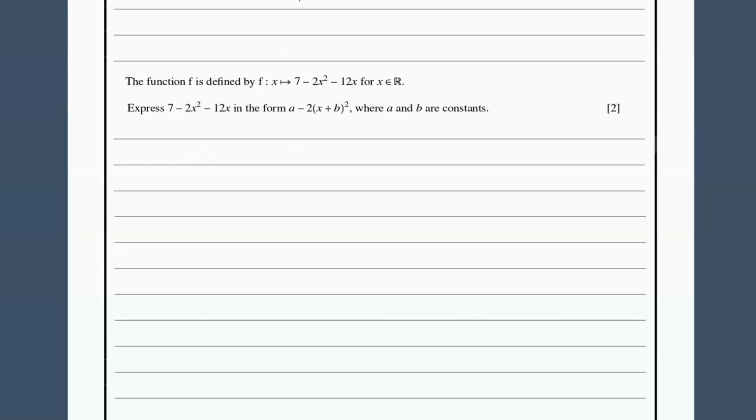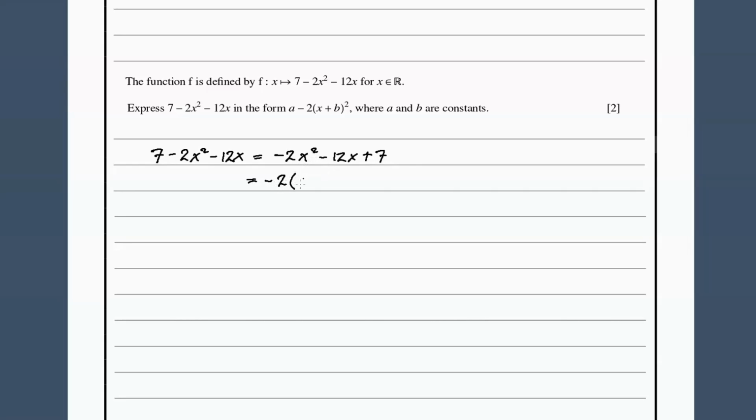So for 7 minus 2x squared minus 12x, we are going to rearrange, so that is minus 2x squared minus 12x plus 7, and considering these two terms, I'll factor out the minus 2, because we want the coefficient of x squared inside the bracket to be 1.